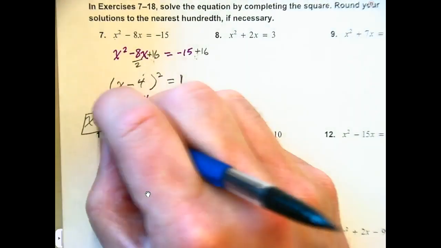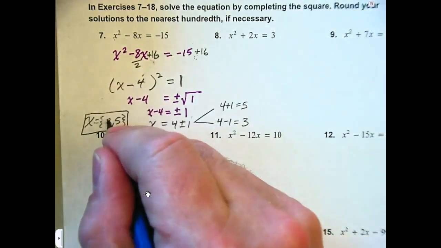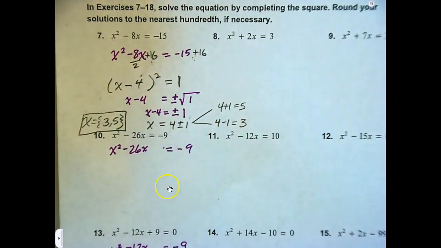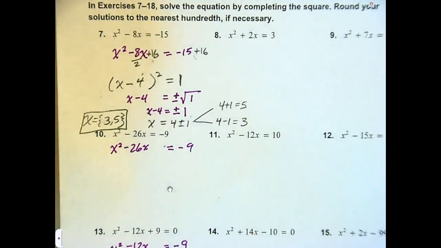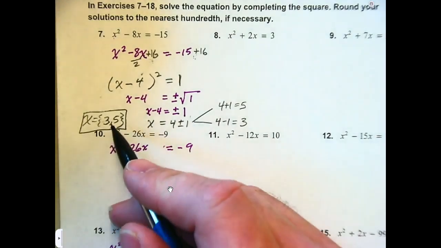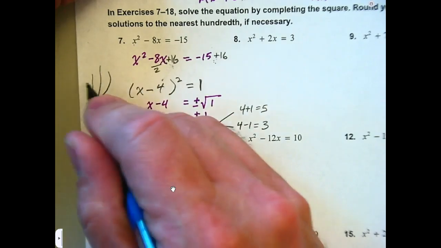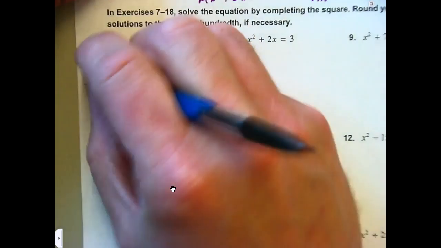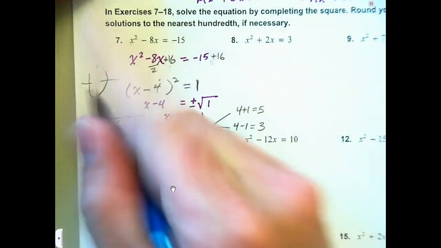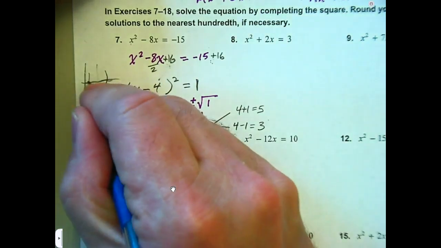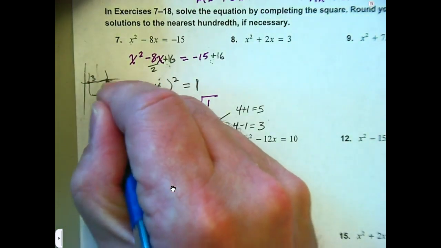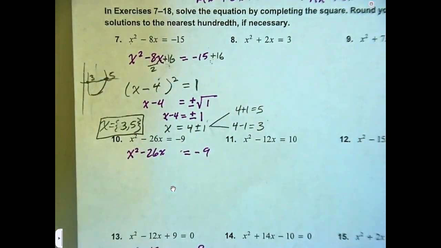Oh, positive 3, excuse me. Thank you. Positive 3 and 5. Okay. Once again, those are x-intercepts, just like we've been doing in the past. If we were to graph it, that graph would cross at, not right there, that would be a poor graph. Okay. It'd cross at 3 and 5 on the x-axis.